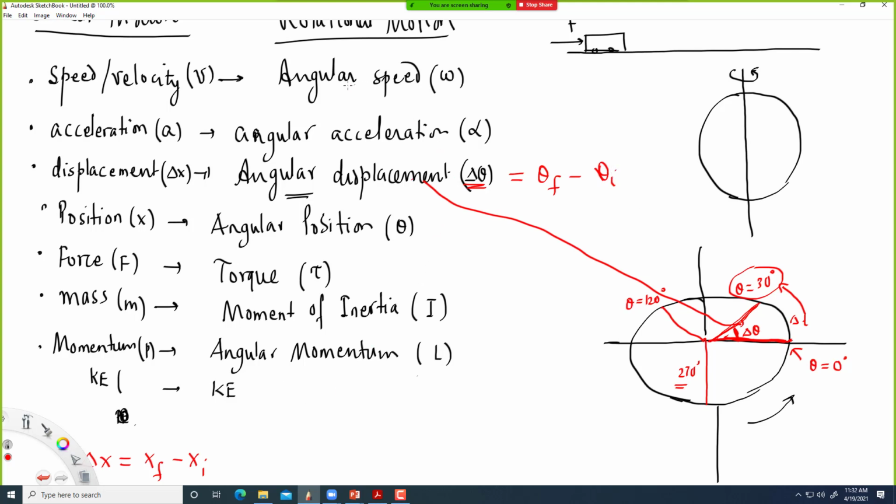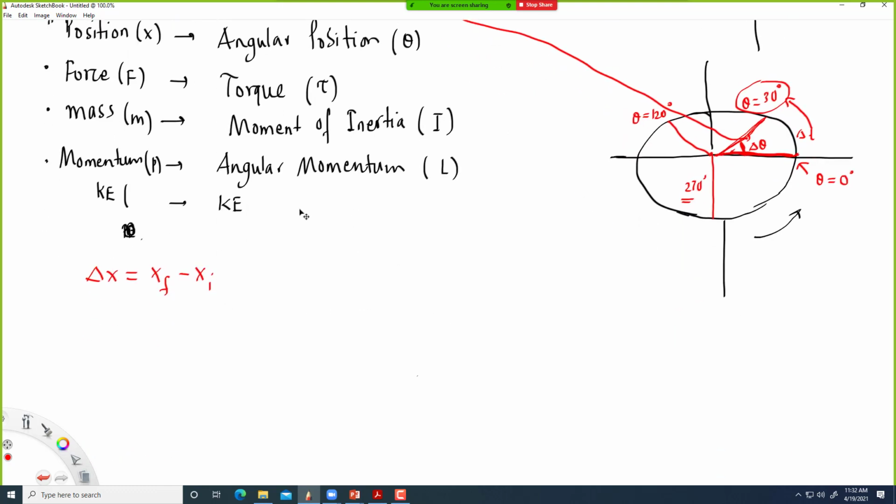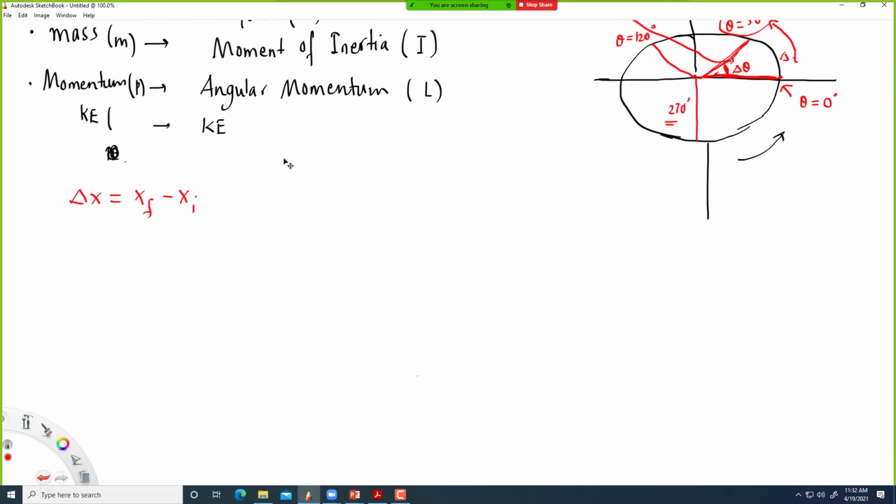Likewise, let's say you want to find angular speed. First, you need to know what the formula of the speed in the linear case is, and then you can replace all these terms by the terms corresponding to the angular motion. So, do you guys remember what formulas we used to find speed or acceleration?